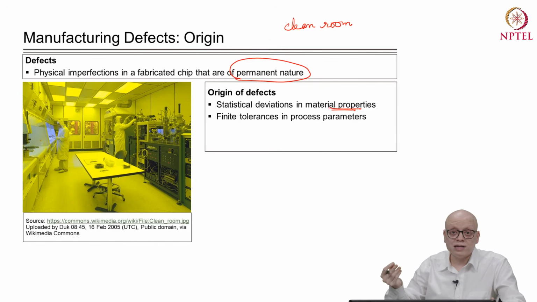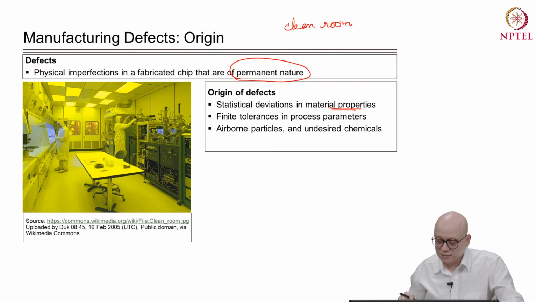For example, the furnace temperature, if we say that it is 800 degrees Celsius, it may not be exactly 800 degrees Celsius, it may vary between say 800 degrees Celsius plus minus 1 degree, right, just an example, right. And there can be airborne particles and undesired chemicals. We try to reduce them, but cannot always eliminate them, right.